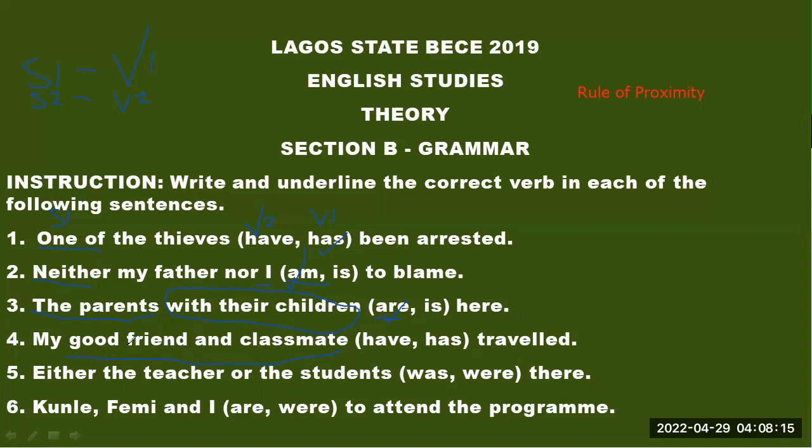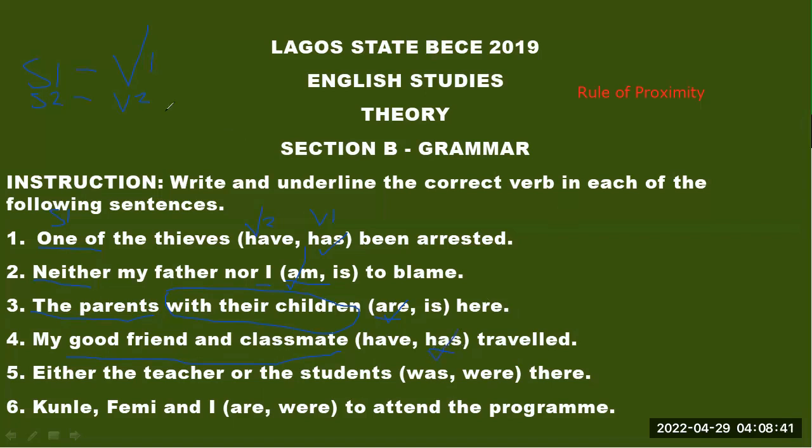But here, my good friend and classmate refers to one person. And because this refers to one person, even though it looks like a plural subject, yet it is a singular subject because the actual meaning gives us one person. And that means we have to choose a singular verb.